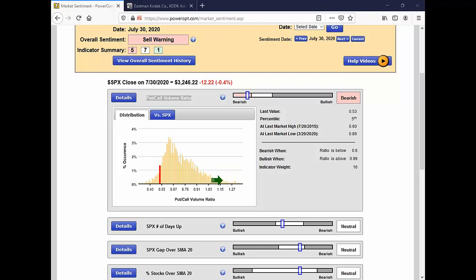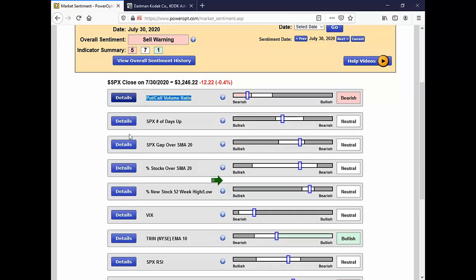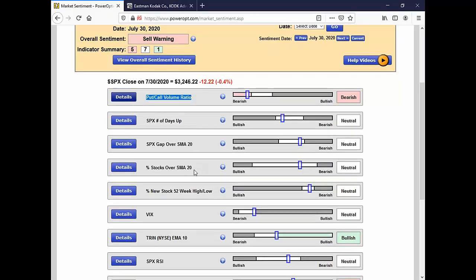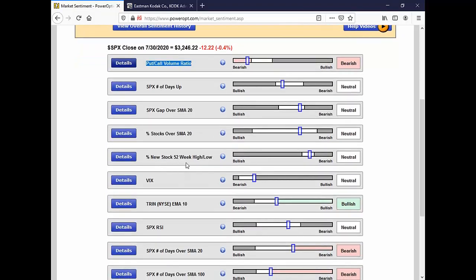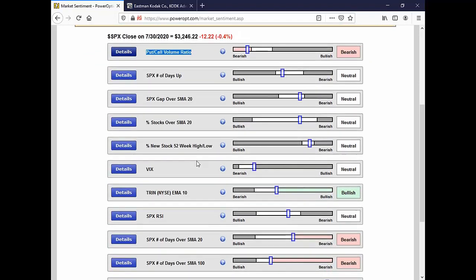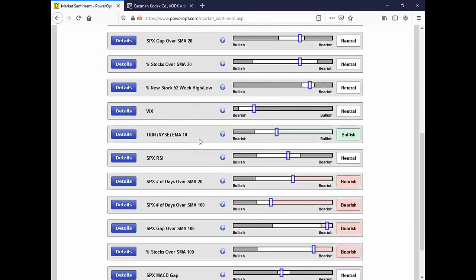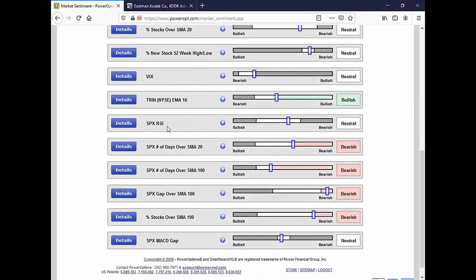Some of our other indicators we have, of course, SPX number of days up, SPX gap over SMA 20, percentage of stocks over SMA 20, percentage new stock 52-week high and low, volatility index. The trend is actually in a bullish indication. That's kind of interesting. The RSI of the underlying SPX.